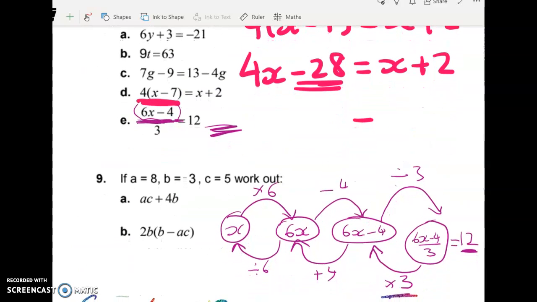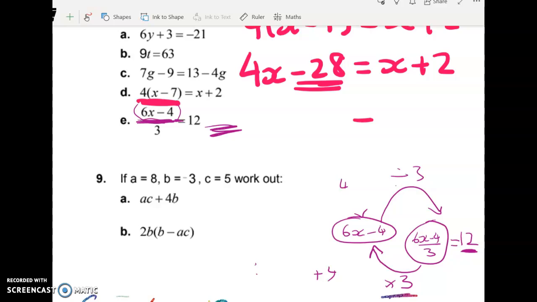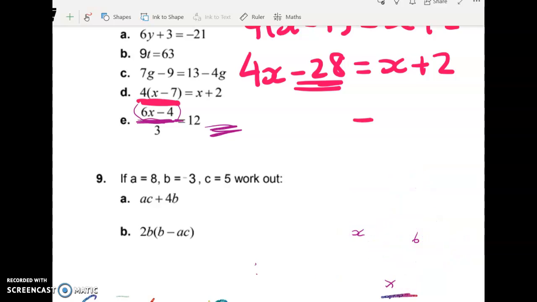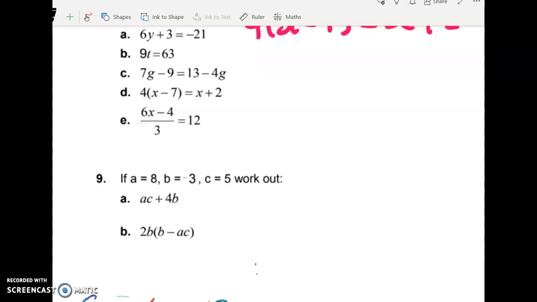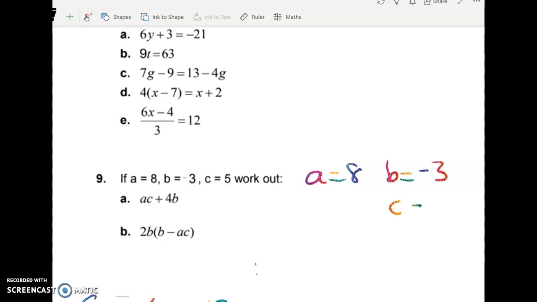Now we're going to look at these substitution ones, which are going to be a little bit faster. The big thing with substitution is to remember order of operations, and especially watch out for negative signs and brackets. So we've got a is 8, b is negative 3, and c is 5.